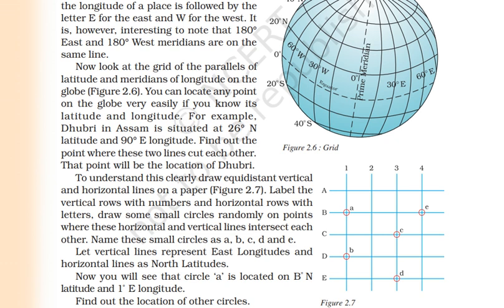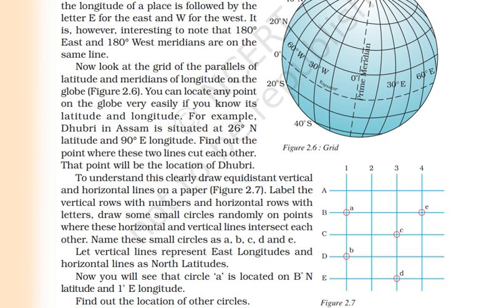To understand this clearly, draw equidistant vertical and horizontal lines on a paper, Figure 2.7. Label the vertical rows with numbers and horizontal rows with letters. Draw some small circles randomly on points where these horizontal and vertical lines intersect each other.